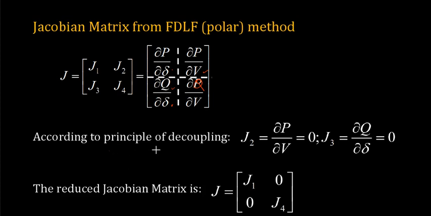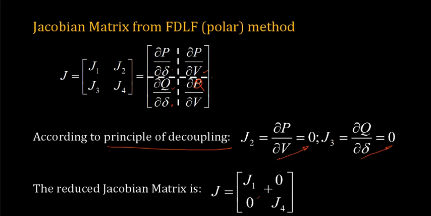And from the principle of decoupling, what we can say is that your J2, that is your dou P by dou V, should be equal to 0 and dou Q by dou delta should be equal to 0. That is, the change in active power with respect to voltage is minimal and the change in reactive power with respect to voltage angle is minimal.